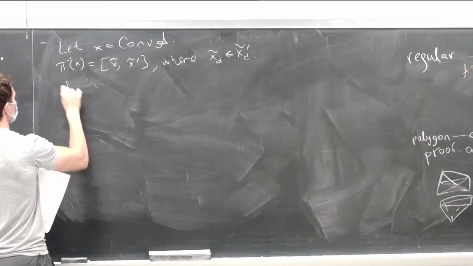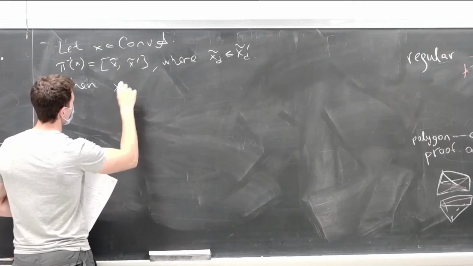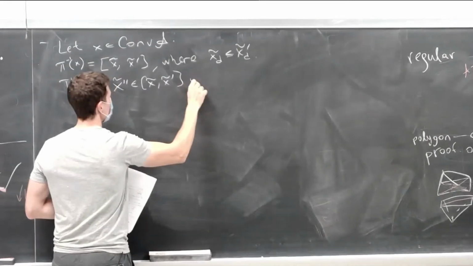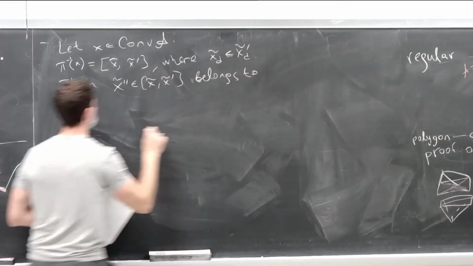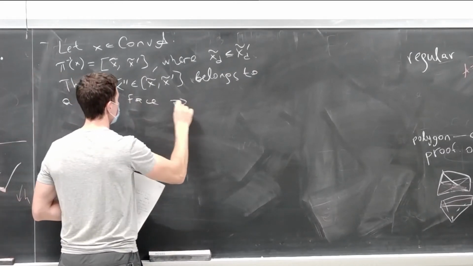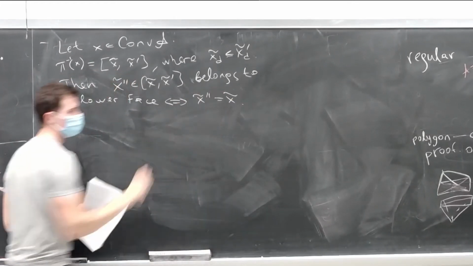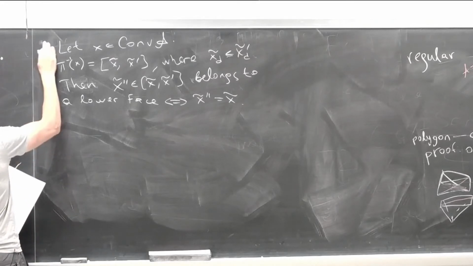Then the claim is that x tilde double prime inside this interval belongs to a lower face if and only if x tilde double prime is equal to x tilde. So in each preimage, only the lowest point belongs to the set of lower faces. Okay, this is the claim.